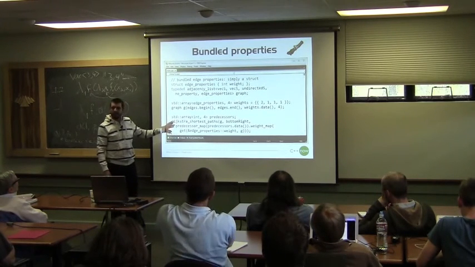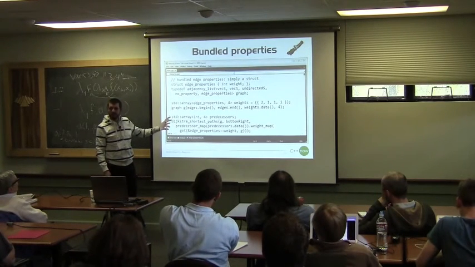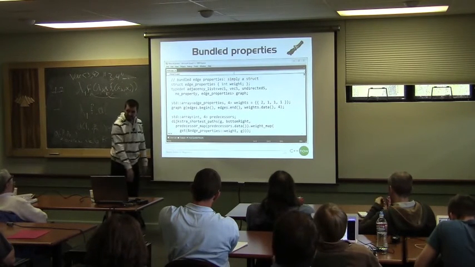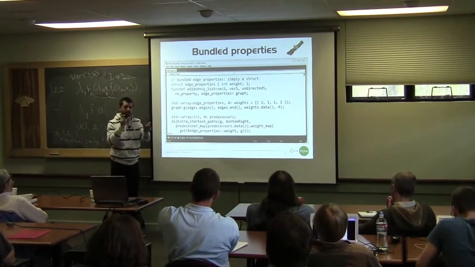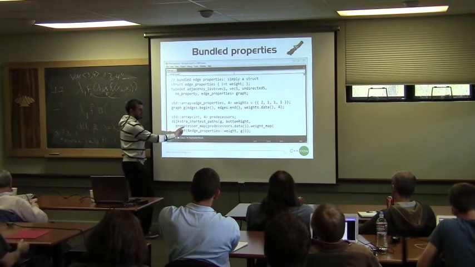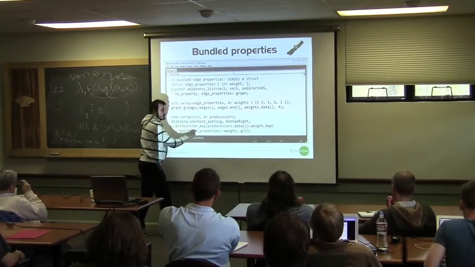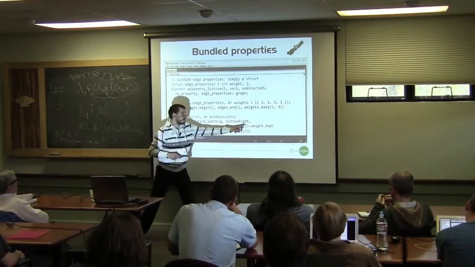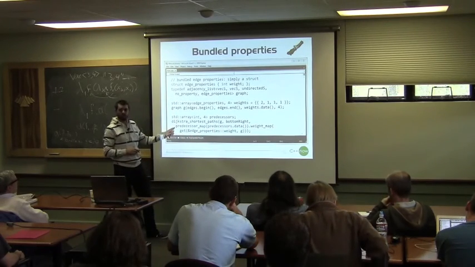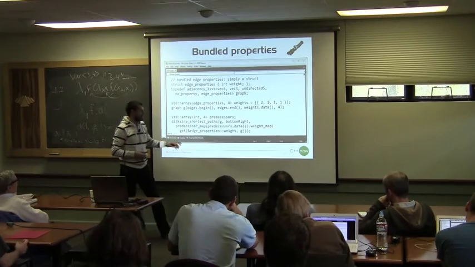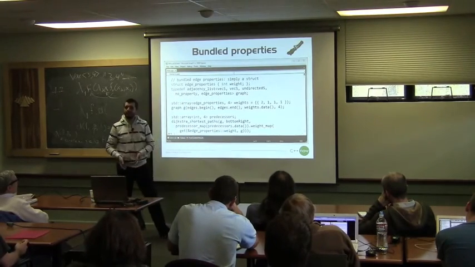I'm using, again, the version of the algorithm with the named parameters. And you see, again, the code gets a bit ugly. I cannot pass multiple named parameters at once. This is the first named parameter, predecessor_map. If I want to pass in a second named parameter, I have to call a function on the object which is returned by predecessor_map. That's how I can pass a second named parameter.